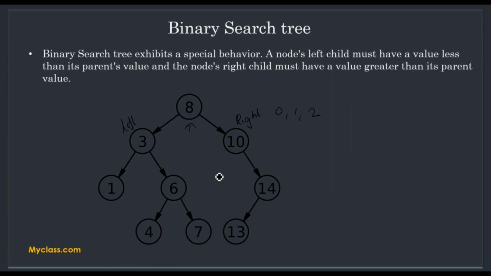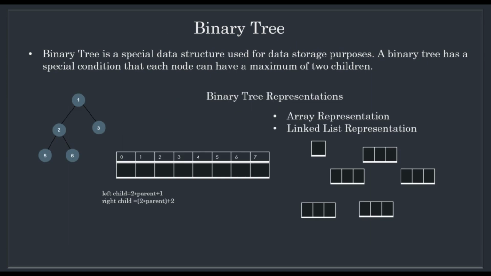So all these nodes satisfy this condition, and it is also a binary tree. Then we can call it a binary search tree. After that, we are always discussing the binary tree and the binary search tree. So the main difference between a binary tree and a binary search tree is only the value condition. Let's go back to the binary tree.